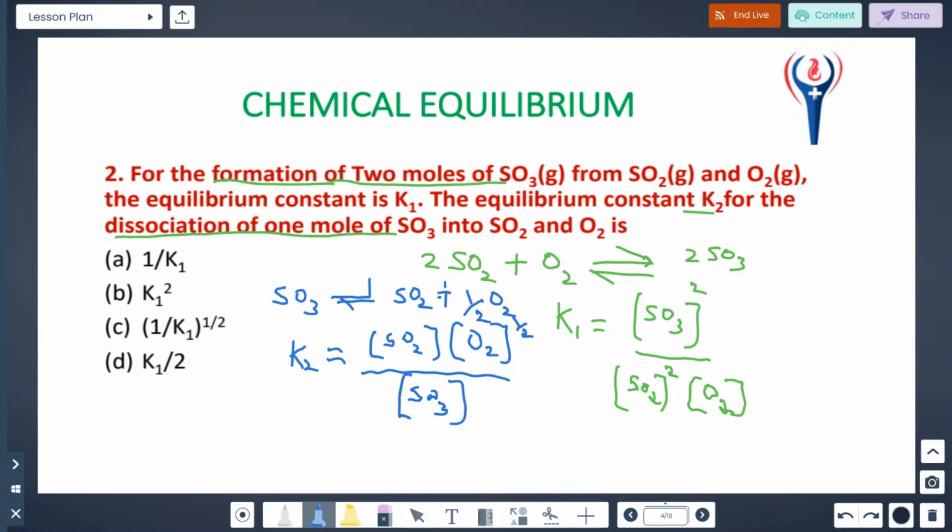This is the equilibrium constant for the dissociation equilibrium. So the two equations are given.